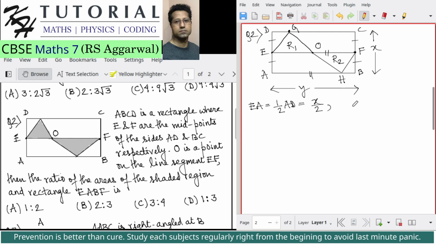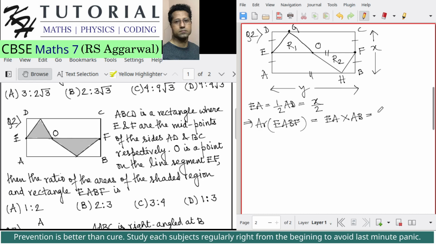So what is the area of the rectangle EABF? This is equal to the product of length and breadth, that is EA multiplied by AB.